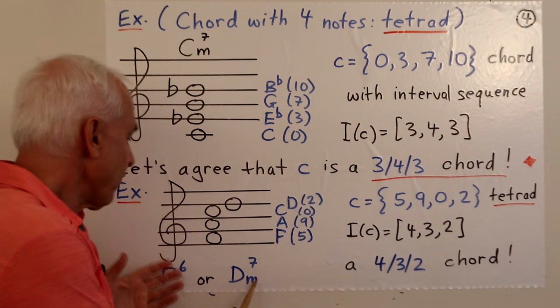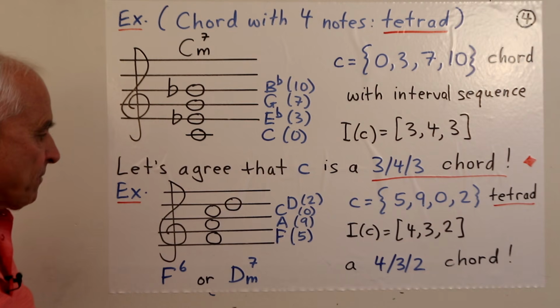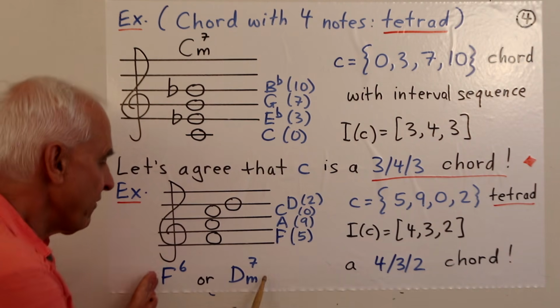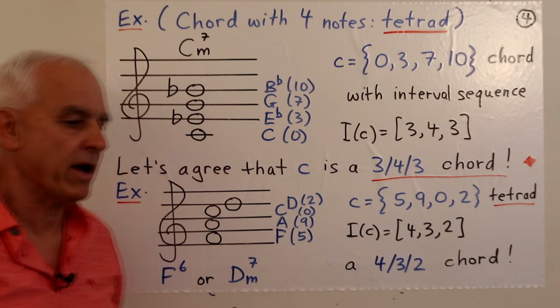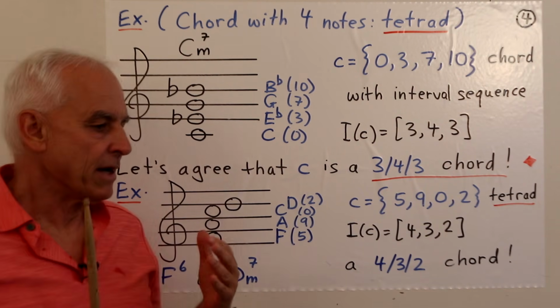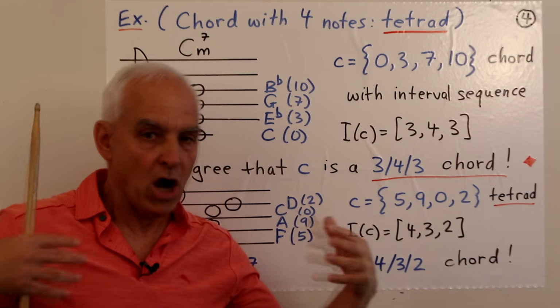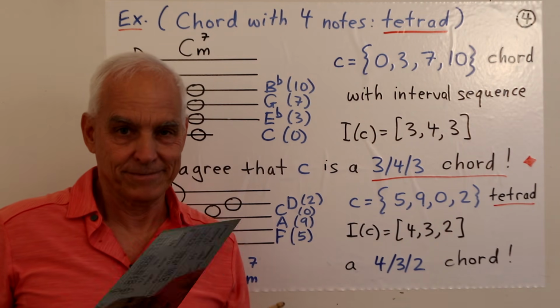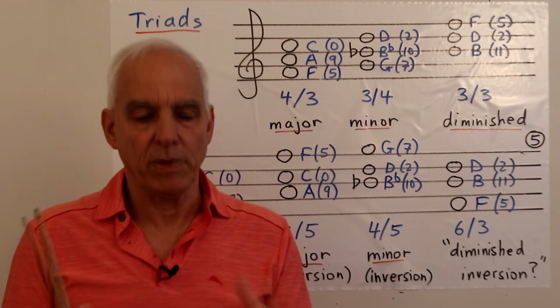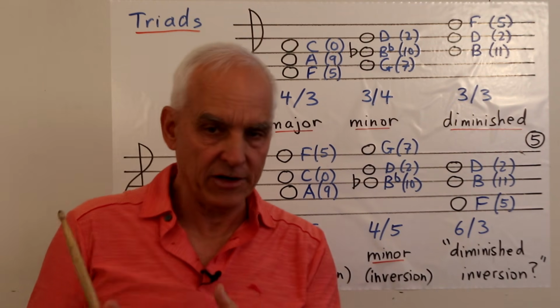Both of those would be correct characterizations. But it's one of the advantages of thinking about the chord as primarily described by an interval sequence, that we free ourselves from any tonic relations that may or may not be lurking around. There are other chords we could consider too, but the starting point is triads and tetrads.